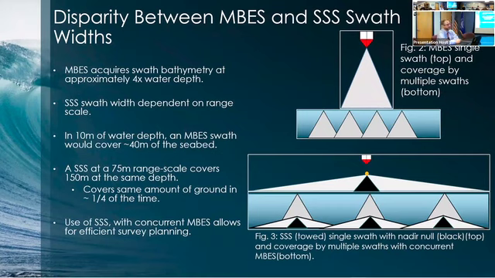So if you run in the same 10 meters of water with a 75 meter range scale, you get about 150 meters of swath width. So it's much more efficient to run these Sidescan surveys because you're getting almost 4 times the coverage. And in shallow water, it's just really not efficient, time-wise or money-wise, to try and get full coverage multi-beam.